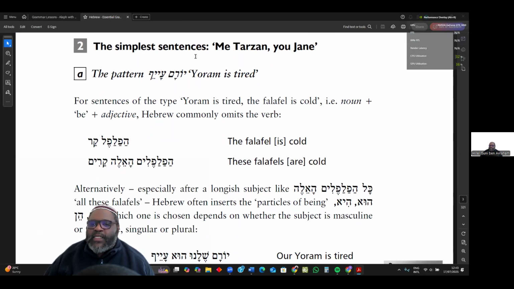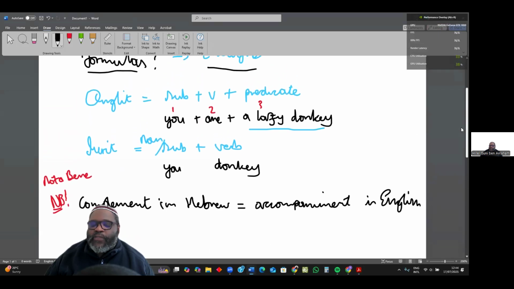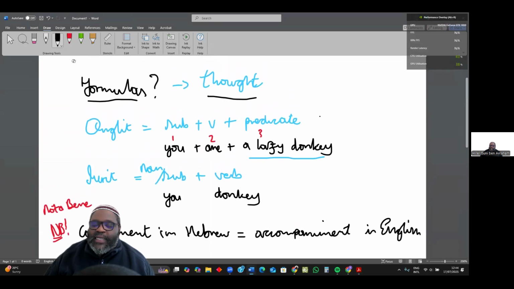It says the simplest sentences in Hebrew are me Tarzan, you Jane. What does it mean, you Tarzan, me Jane? It is because in Hebrew, there is no verb. It's not necessary to use a verb in Hebrew thought.